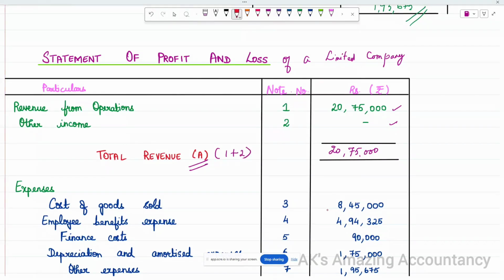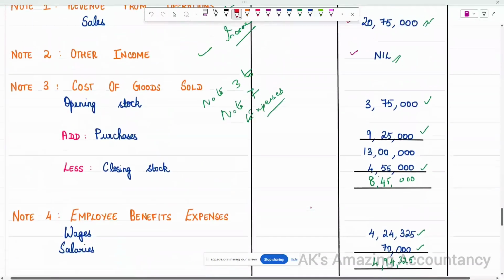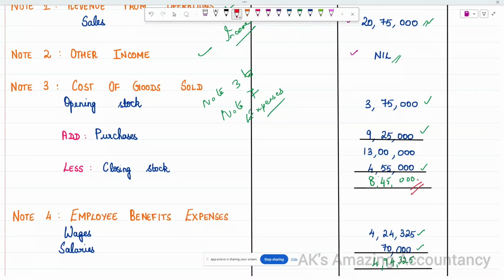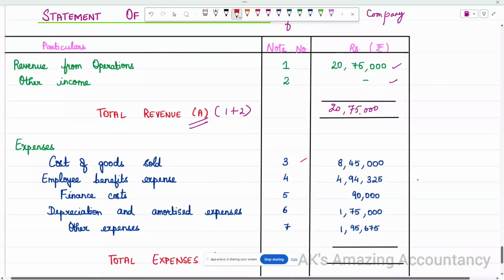Now let us continue with the expenses. Under expenses, we have note 3, which is for cost of goods sold. So let us have a look at the note relating to this. How much is cost of goods sold? This is note 3, cost of goods sold. It is 8,45,000. So 8,45,000 will come here.